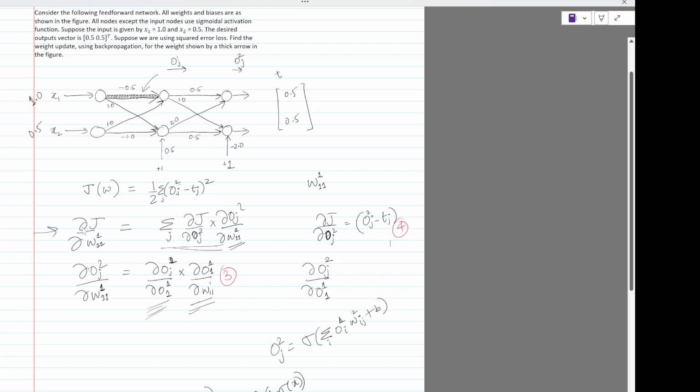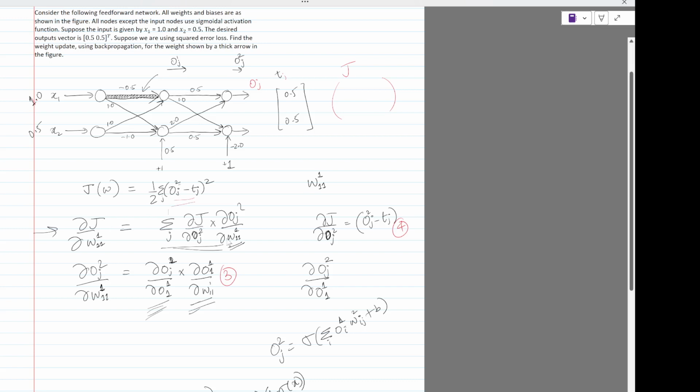To compute that by chain rule, the cost function is applied somewhere here, to whatever output Oj you get and the target T. So the cost function is a function of these.